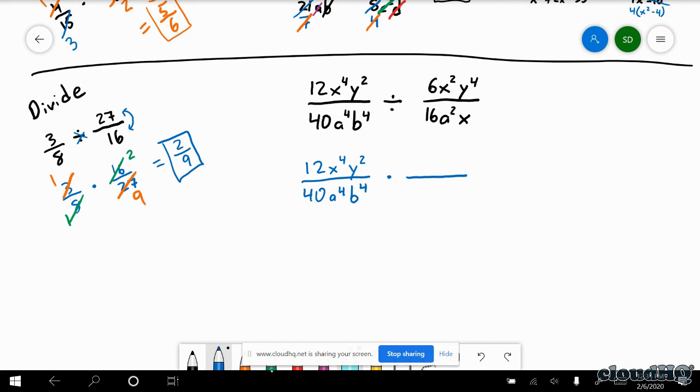So multiplication, but it's the reciprocal of the next fraction. And now, if you want to multiply straight across, you can, and simplify later, or you can simplify right now and multiply later.